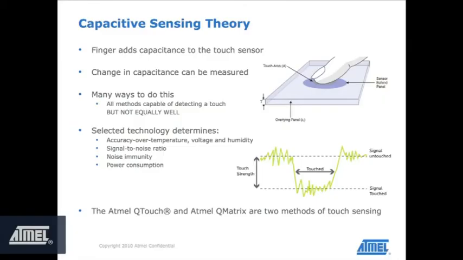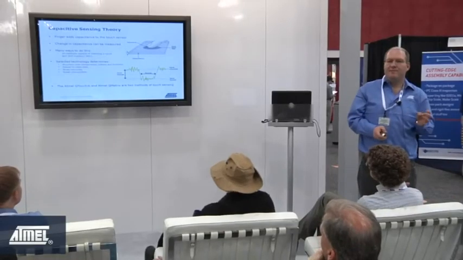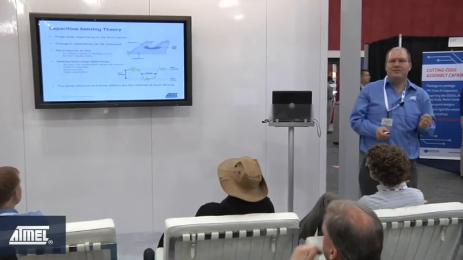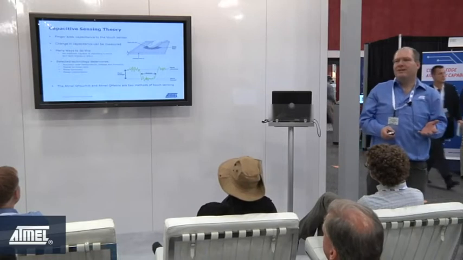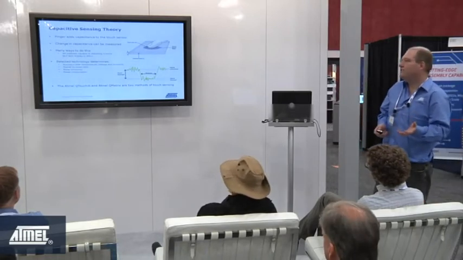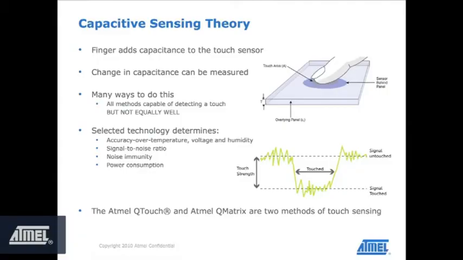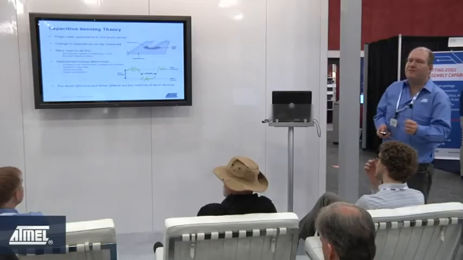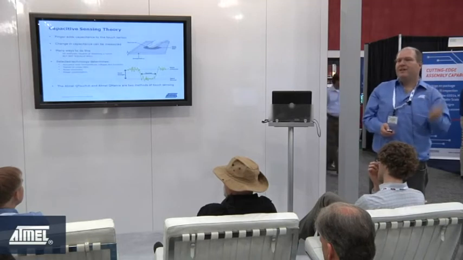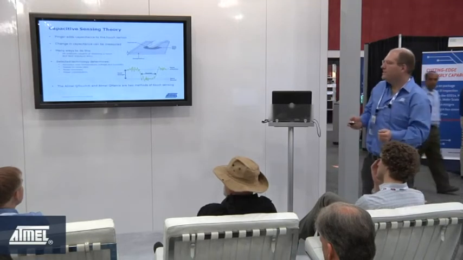In terms of touchscreen technology, we've gone from a resistive topology to a capacitive topology, and what we're doing is measuring differences in capacitance. There are different ways of doing this. You have to apply a lot of internal intelligence in the part to figure out that you actually have a definitive touch event.